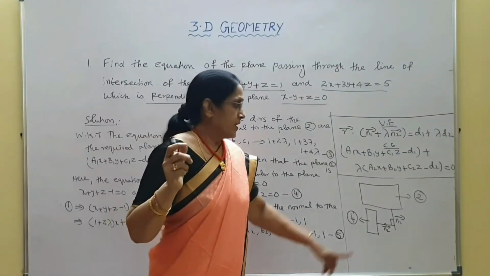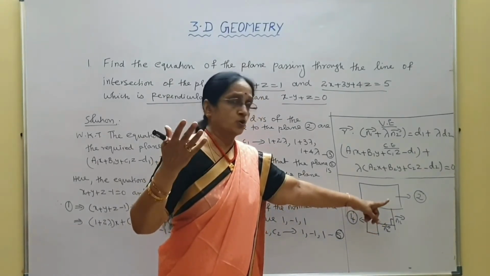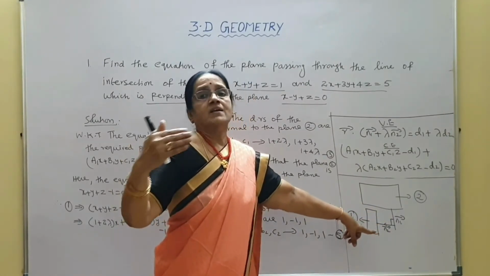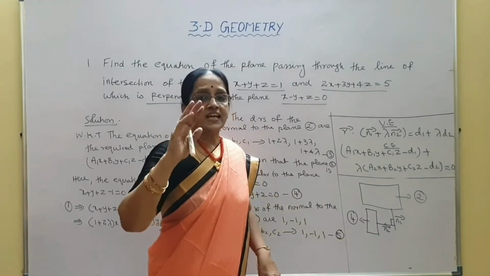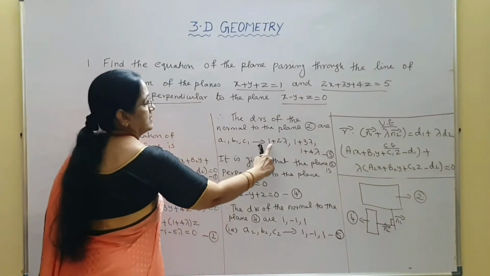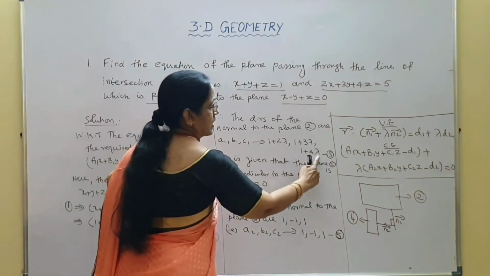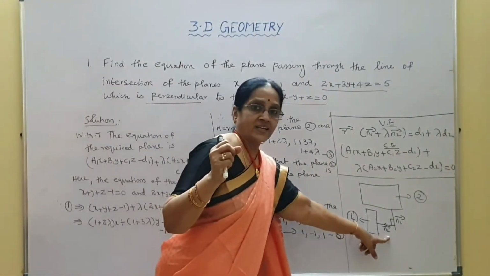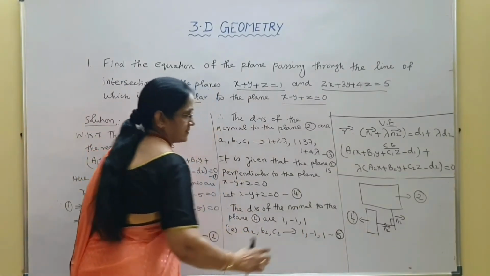Now that we know n1 vector, that is the normal vector to the plane 2, is perpendicular to n2 vector, which is nothing but the normal vector to the plane 4. And we know the drs of n1 vector, which is nothing but 1 plus 2 lambda, 1 plus 3 lambda, 1 plus 4 lambda, and the direction ratios of n2 vector, which is nothing but 1, minus 1, 1.